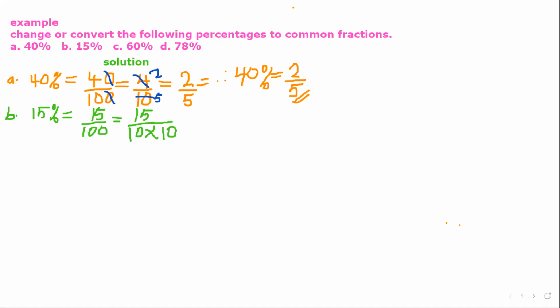Then you start doing your cancellation from this side. Always simplify the 100 so that the cancellation will be easier for you. Then, because of the multiplication sign between this 10 and 10, you can choose any of the 10s to cancel. So the 5 cancels 15 three times. We have the 3 here.